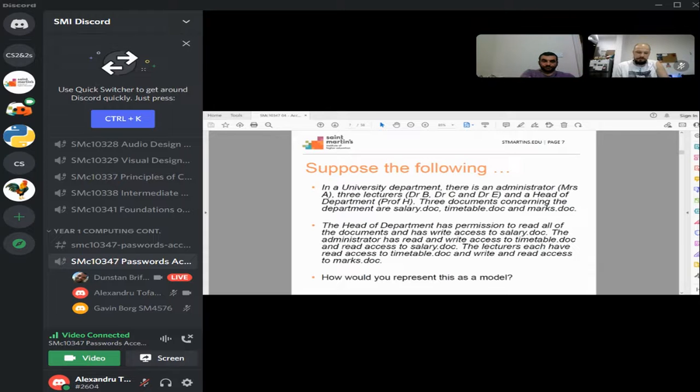It does apply only to certain areas or within specific conditions. Because as you said, it's not a question of the head of department having everything. It is still selective.